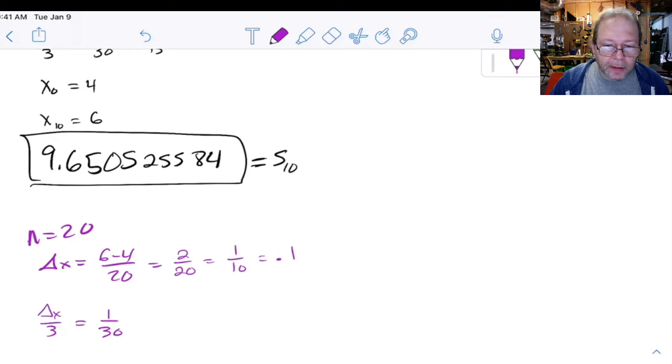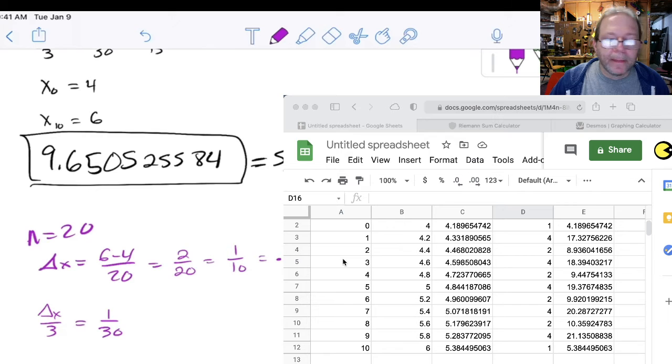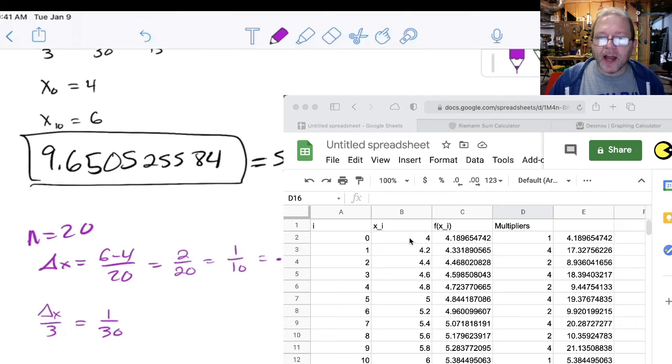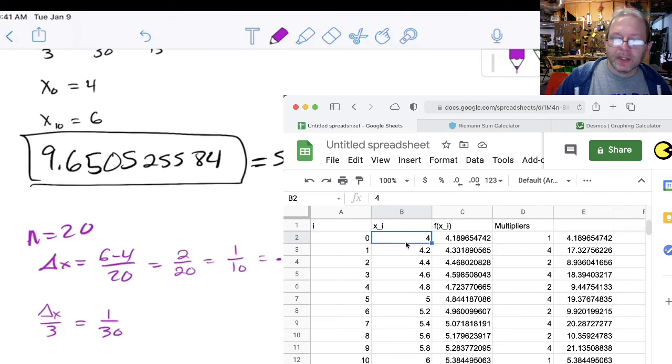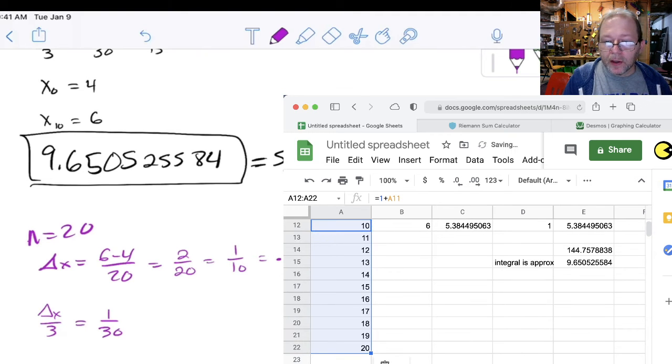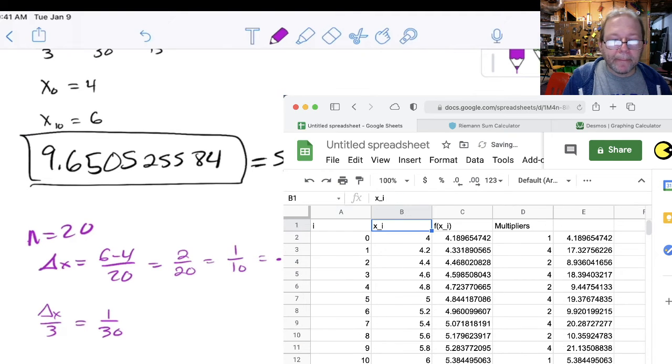Rather than retyping all this stuff, I'm going to reuse what I've got here. Okay, we're still starting at 4, but instead of going up to 10, we need to go to 20. And instead of adding on 0.2 every time, we need to add on 0.1.